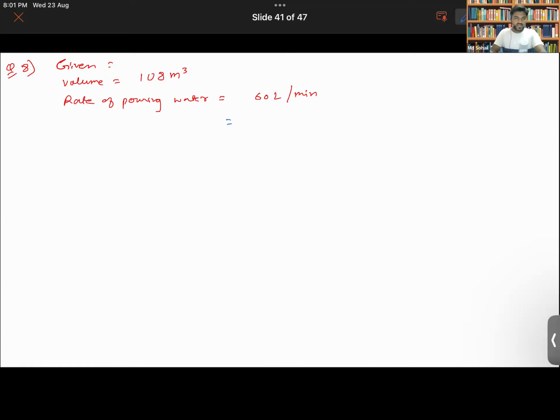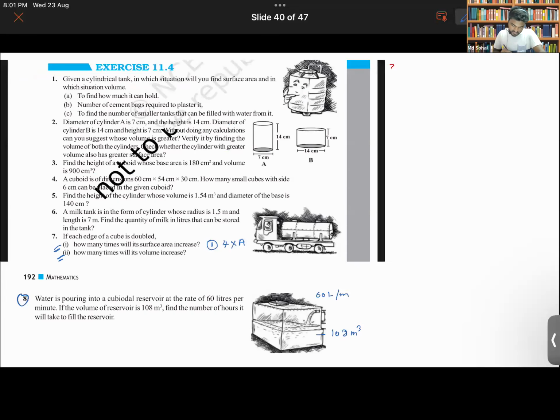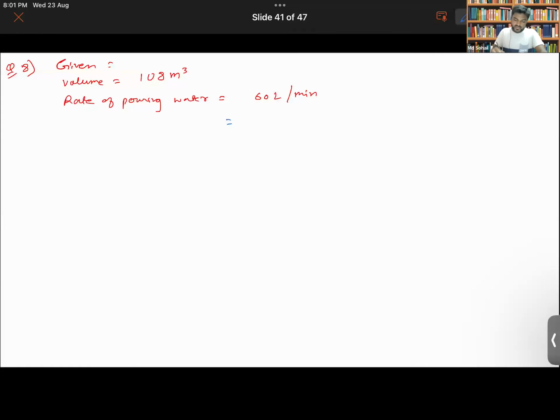We know, guys, that 1 cubic meter equals 1000 liter. So 1 liter will be 1000th of a cubic meter.